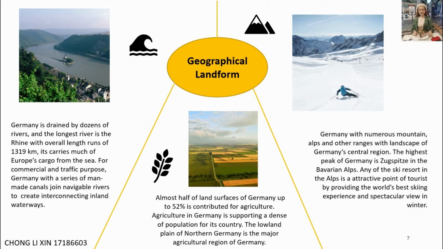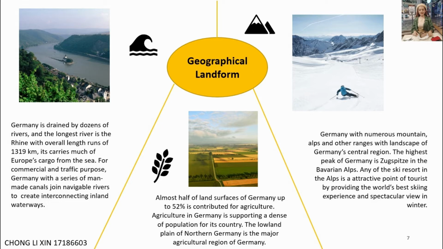Now I am going to introduce the geographical landforms of Germany. Firstly, Germany is drained by dozens of rivers, and the longest river of Germany is the Rhine, with an overall length of 1,319 km.